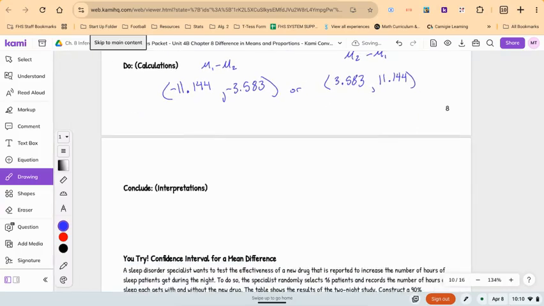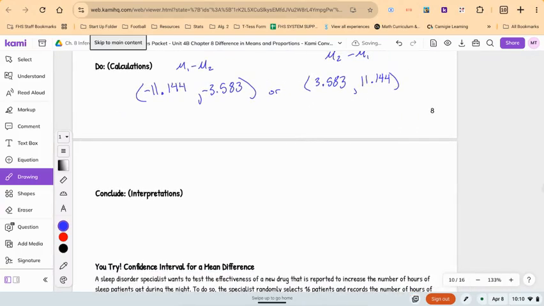And then when we conclude, we have our sentence stem.